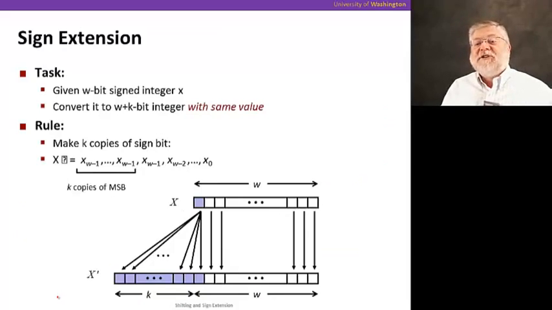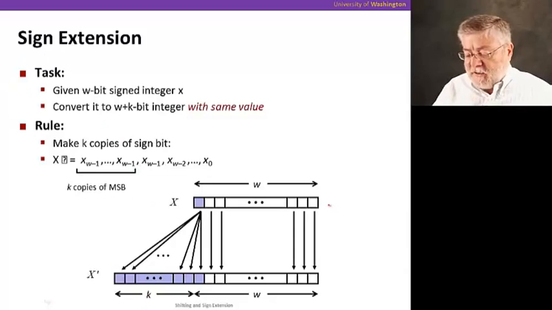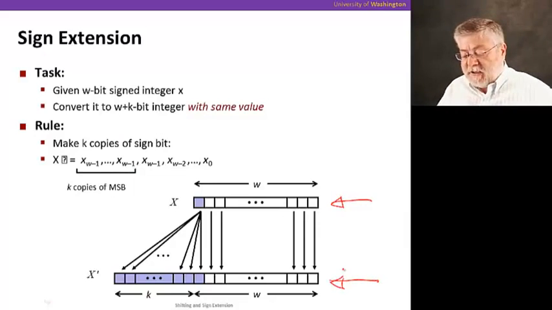All right, so that sign extension is really important. Let's take a look at that in a little bit more detail. What we're showing here is a value of x represented in W bits, and we're converting it into a value of x in something larger than W bits. Let's say we're going from 32 bits to 64.